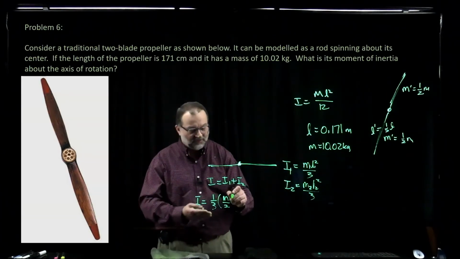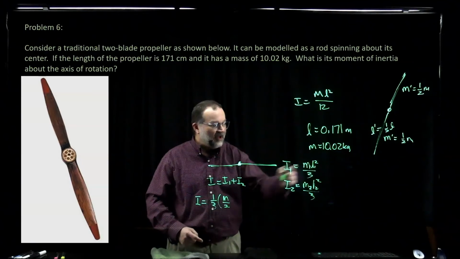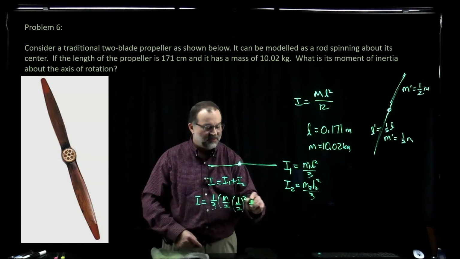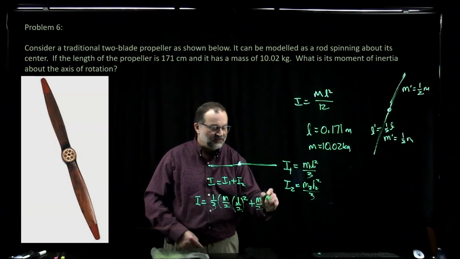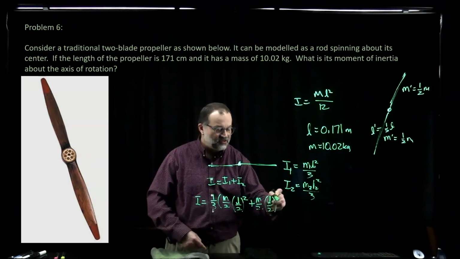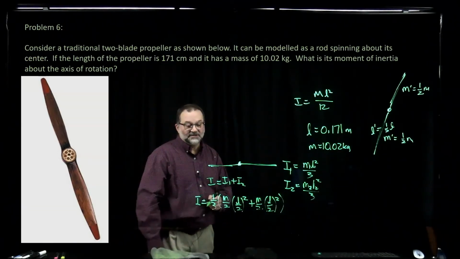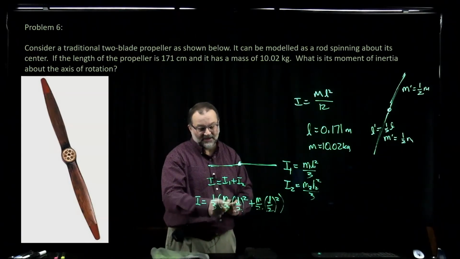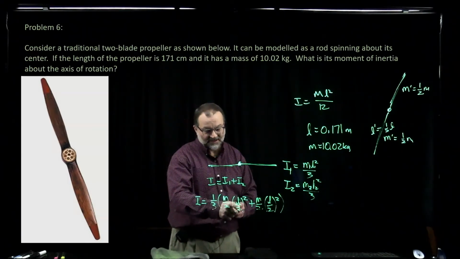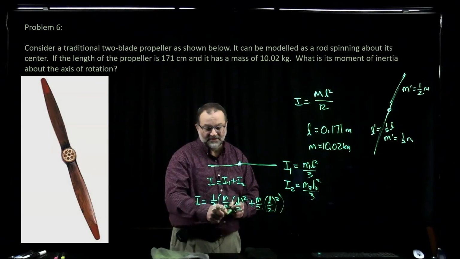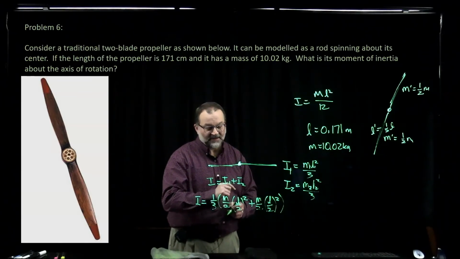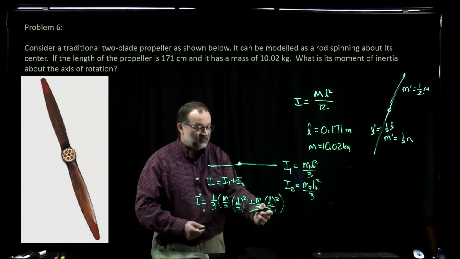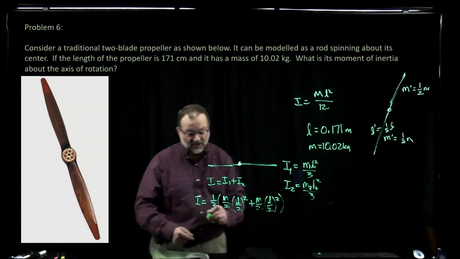So M over 2 times L over 2 squared, plus M over 2 times L over 2 squared. So what does that give us? Well, I've got M over 2, and this is going to be L squared over 4. So 2 times 4, that's going to be 8. And over here, that's going to be 2 times 4, that's also 8.